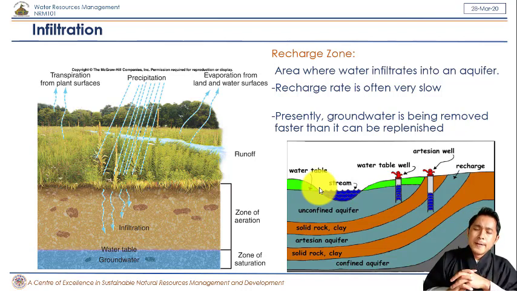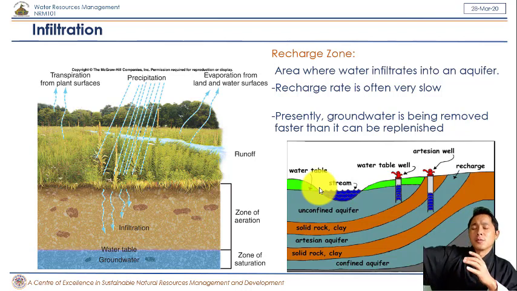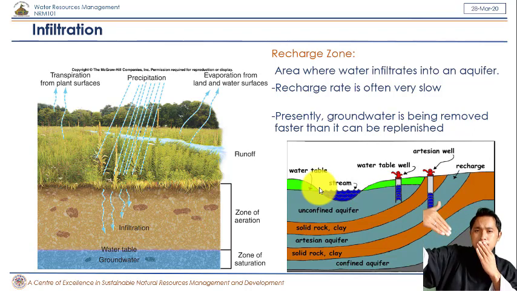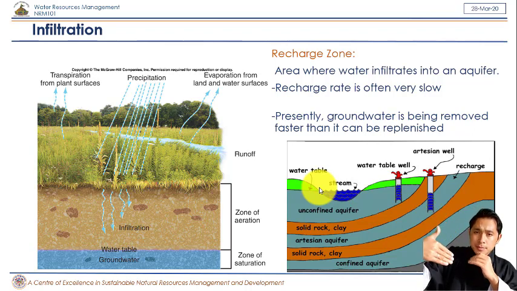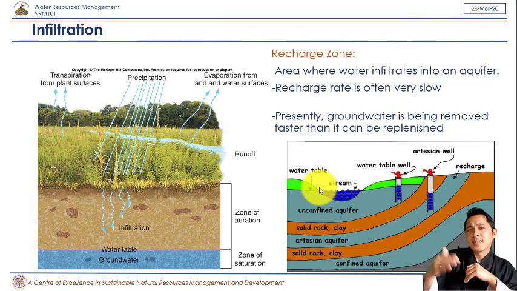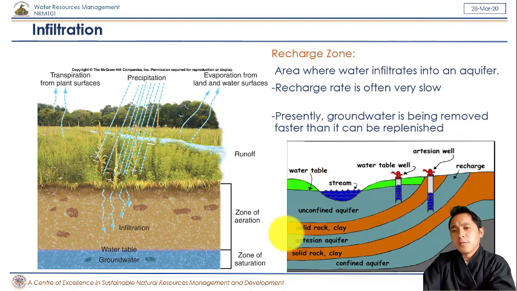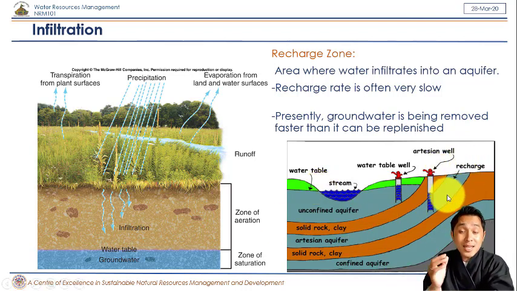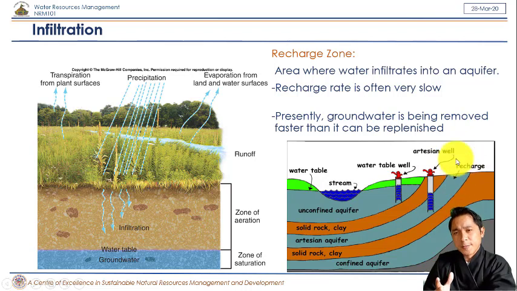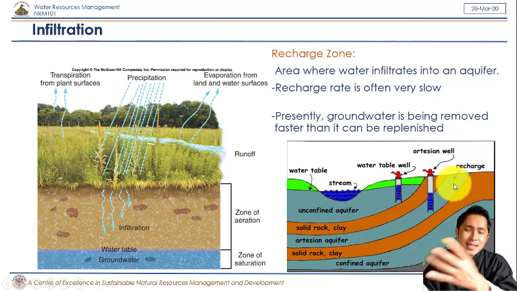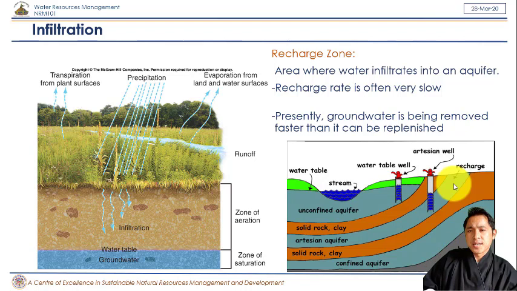What I'm saying is that water does not only travel from the soil, the water table, the confining beds and the confined aquifers. Water can also travel from the recharge zone. If we have any opening that allows recharge of the confined area, then it can be directly recharged to those confined aquifers. So that's how a recharge zone works.